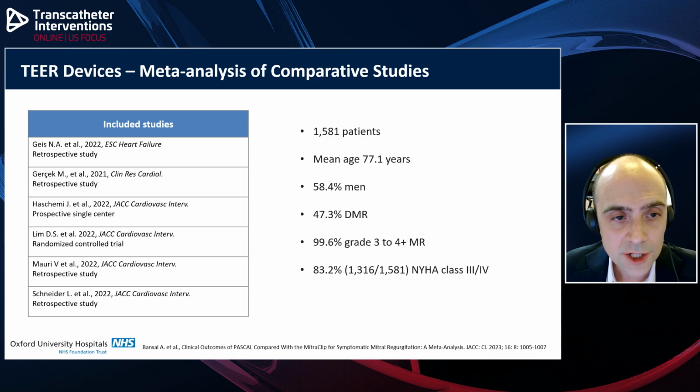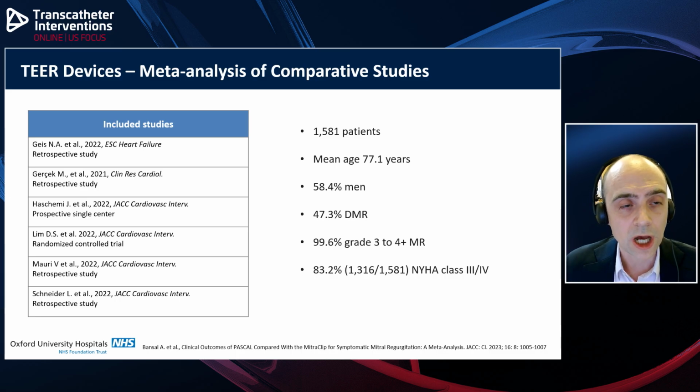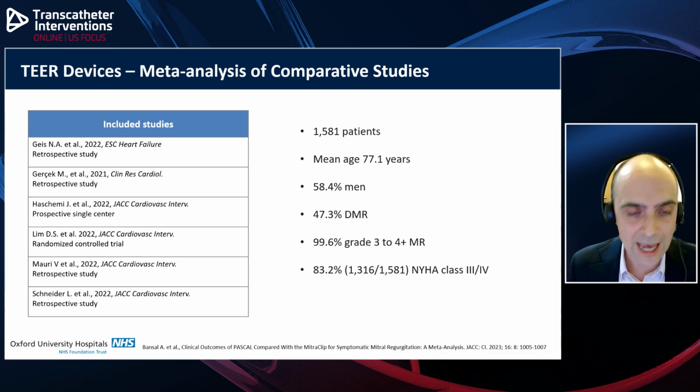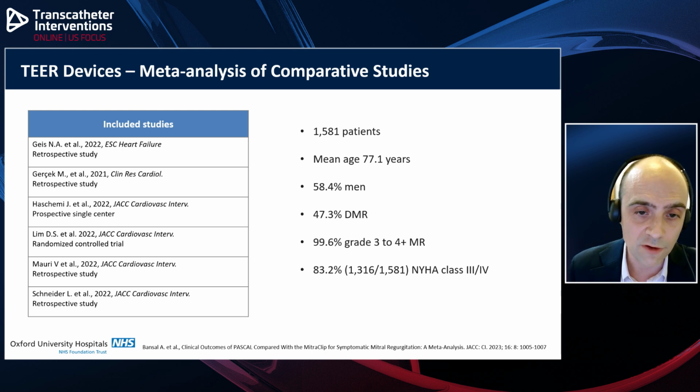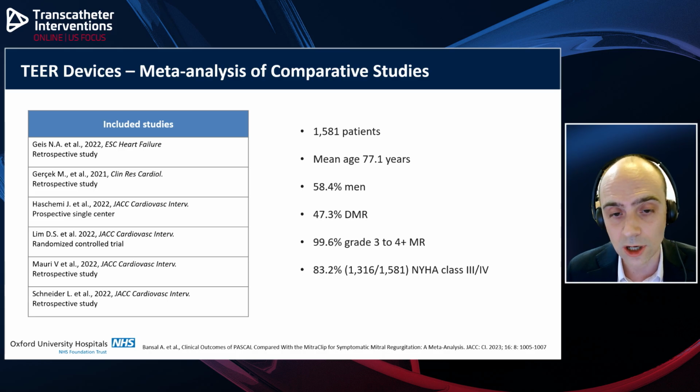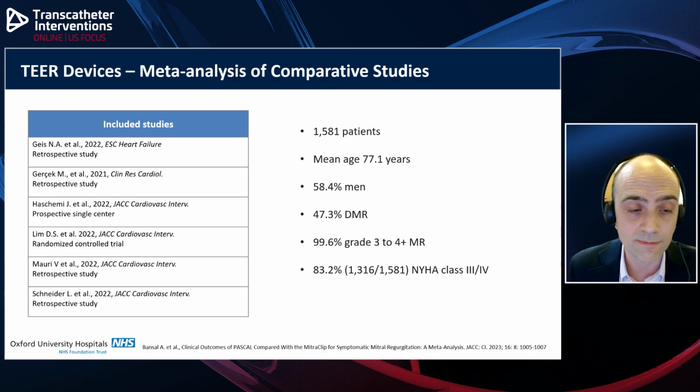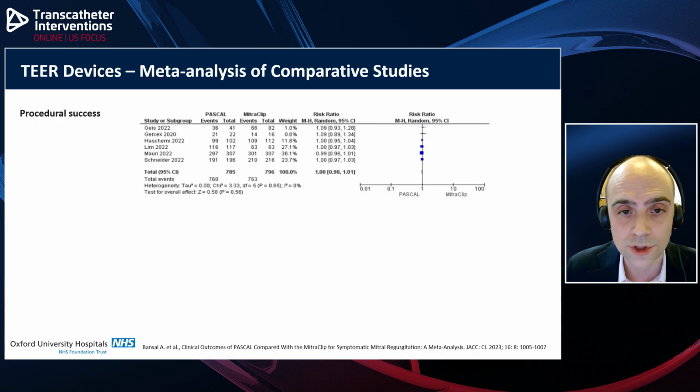Following on from Firas's data review, I thought I'd just highlight this meta-analysis of observational comparative studies between MitraClip and Pascal. Again, it's all observational, but it's 1,500 patients with a mean age of 77, over half men, just under half DMR, with the vast majority grade 3 to 4 MR and very symptomatic patient cohorts.